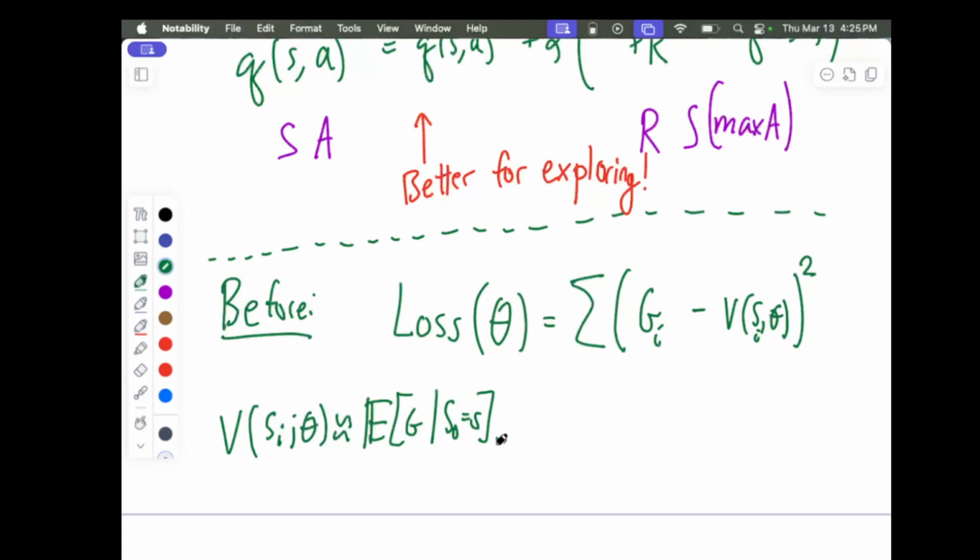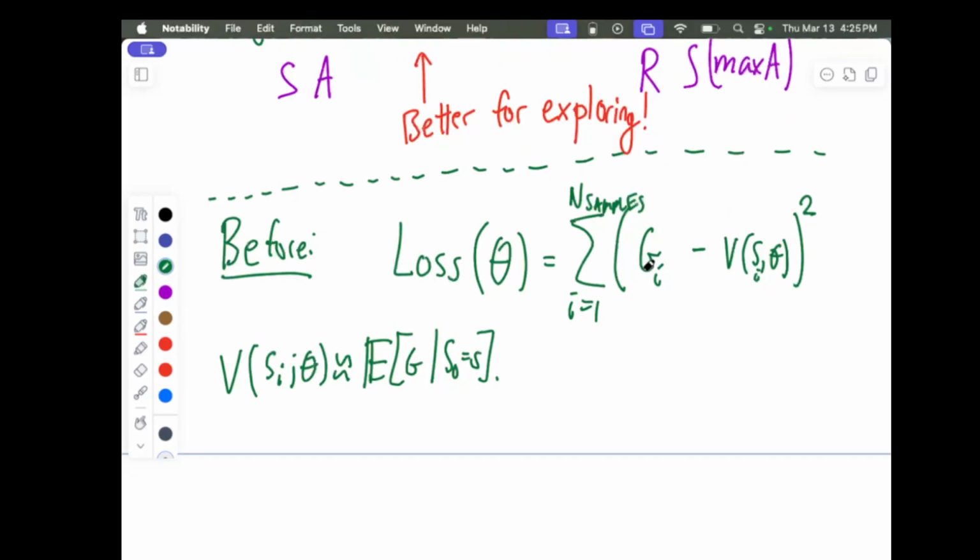So we say, okay, what would be good enough is we can just replace the expected value with the sample we got. We were in state s_i, we saw the return G_i, and if we have a large enough data set, with some huge number of samples, then this will come out in the wash, and the V function will get pulled towards the average as best we can do. And that gels with how we think about square loss in stats class.